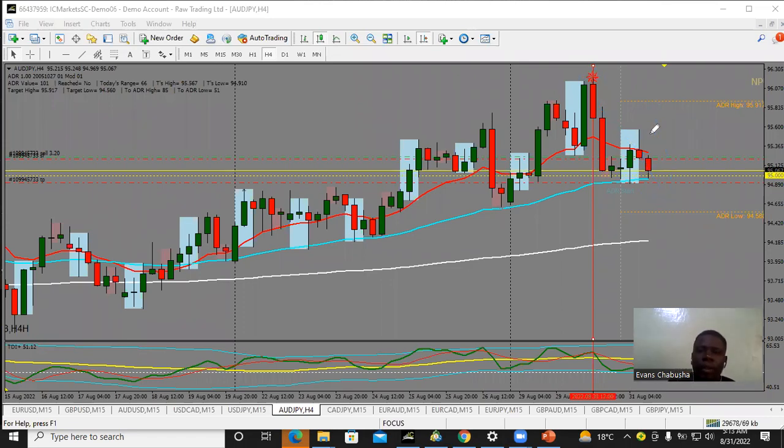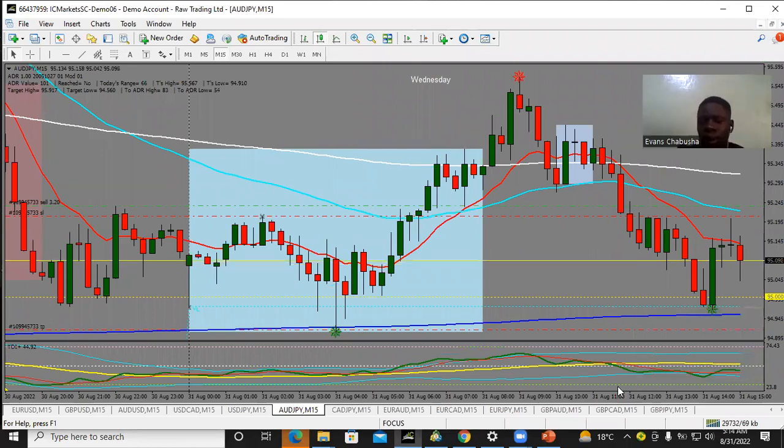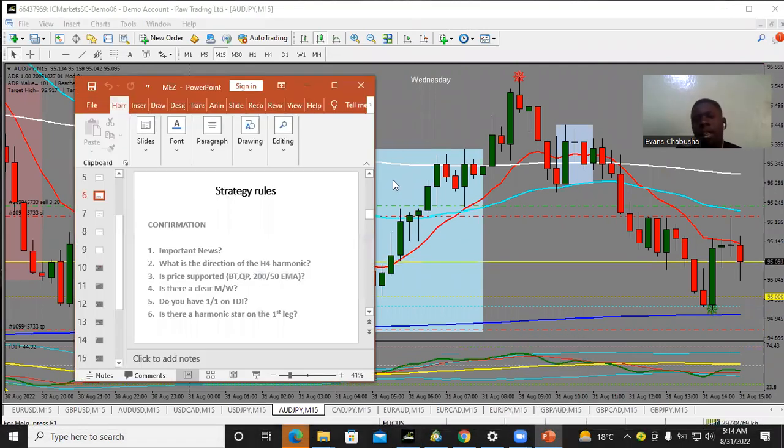Now after you check that, you go back to your 15 minutes time frame. From there, you start again checking if everything has lined up in your trading rules.